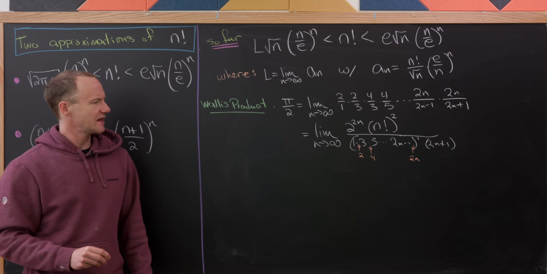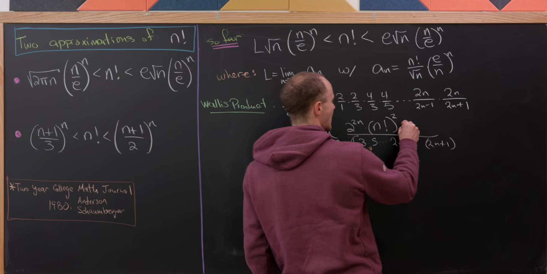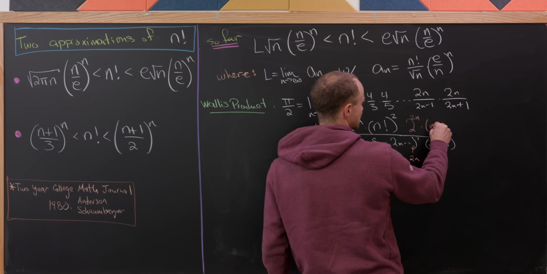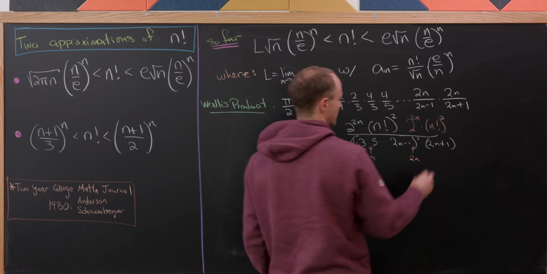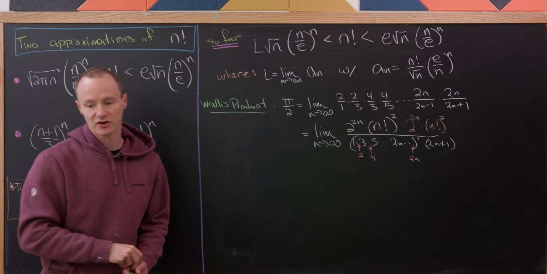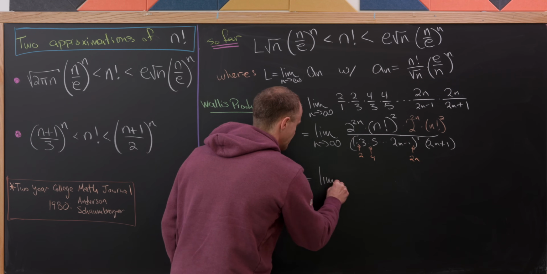So what does that end up leaving me with? Well, in fact, that leaves me with another copy of 2 to the 2n times n factorial squared up there in the numerator. And then in the denominator, well, I can push all those together to 2n factorial. So let's do that as we copy this down.